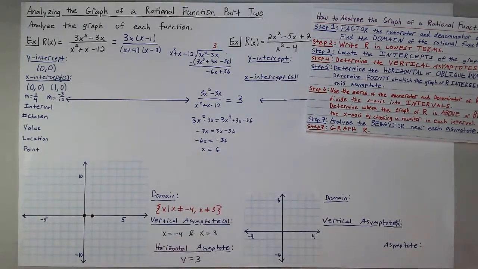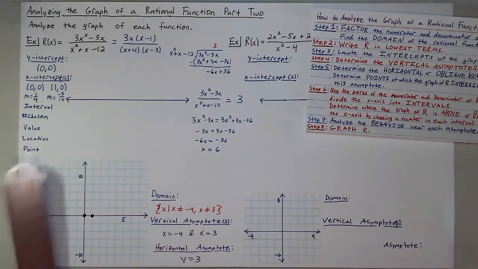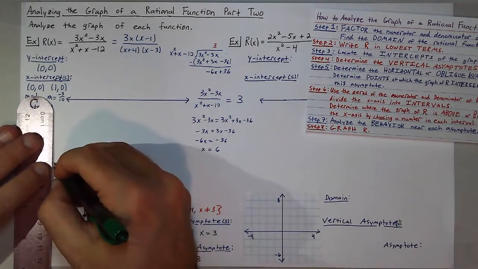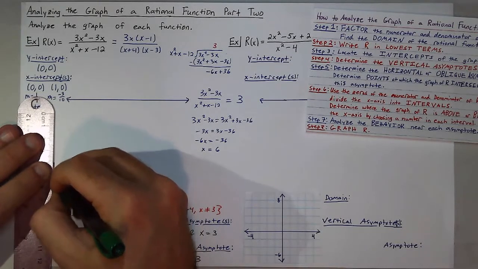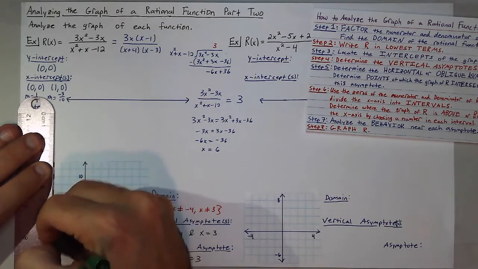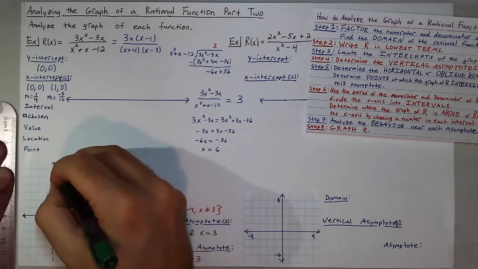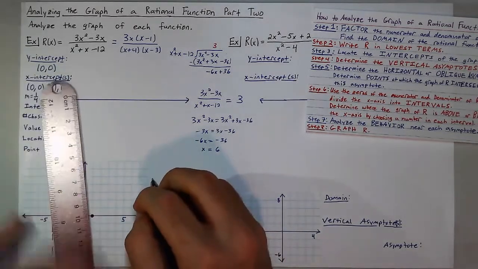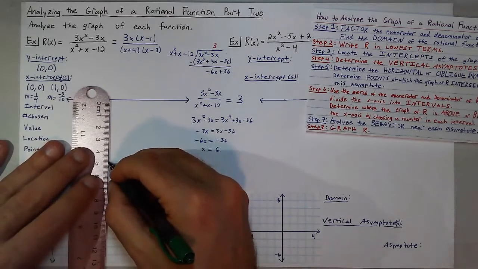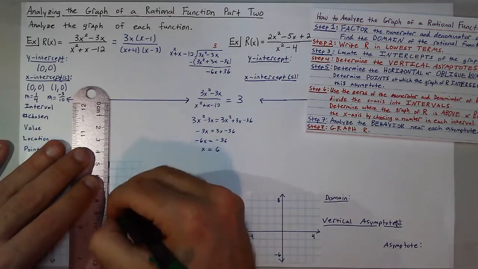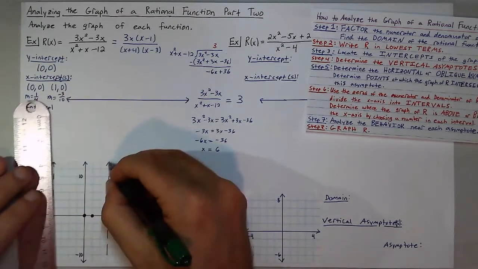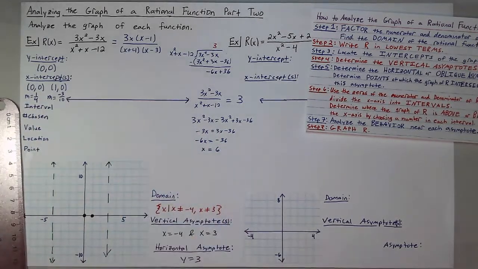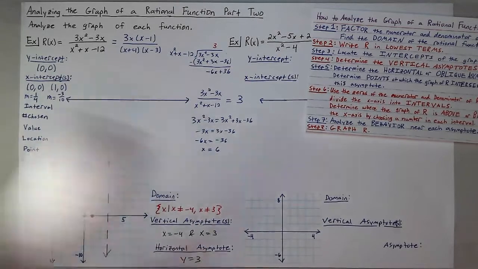So now let's draw these asymptotes onto our graph. One's at negative 4, and one's at positive 3. And then I have another one that's horizontal at y equals 3.